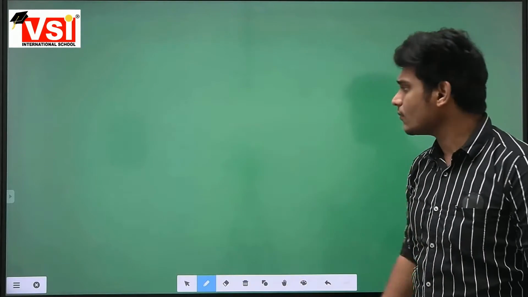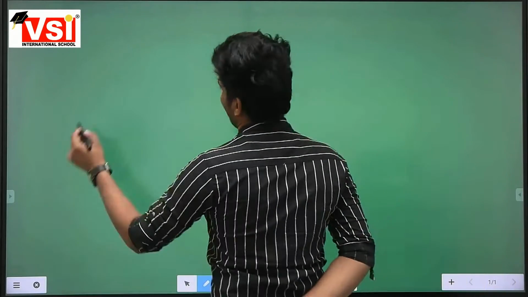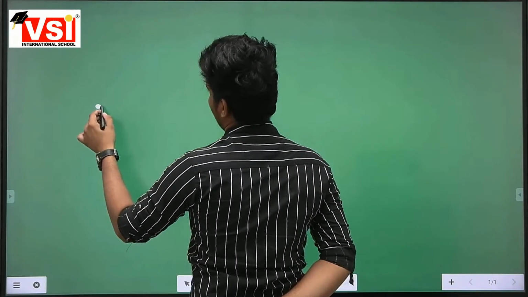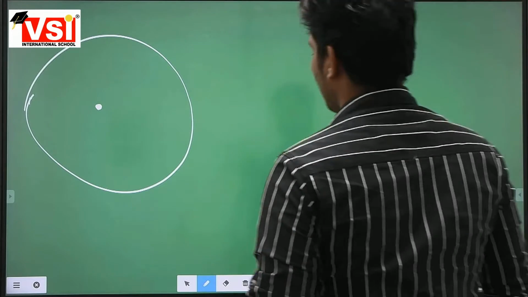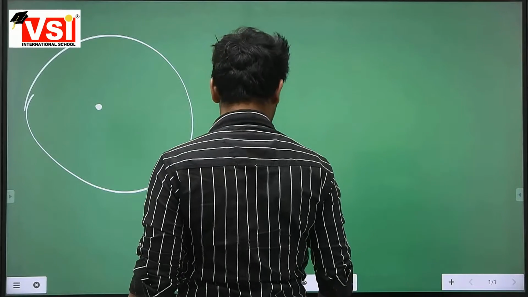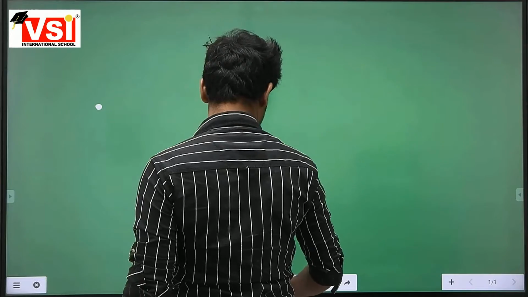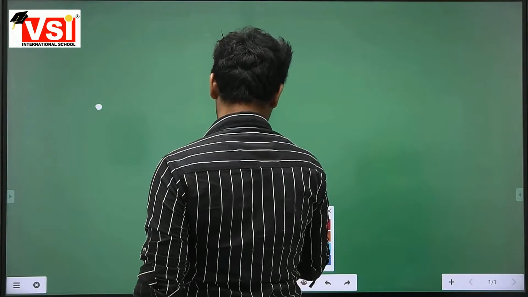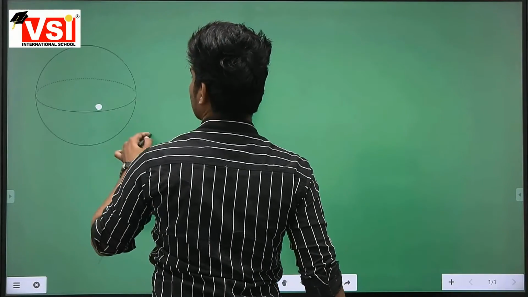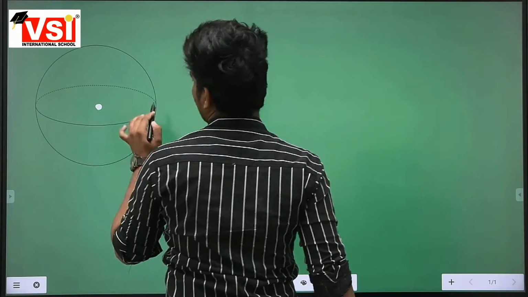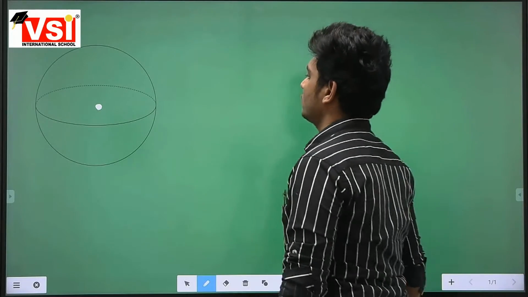So there are a few examples related to the equipotential surface. For a point charge, the equipotential surface is a spherical surface.